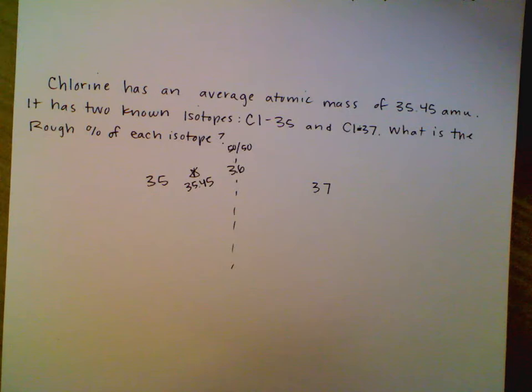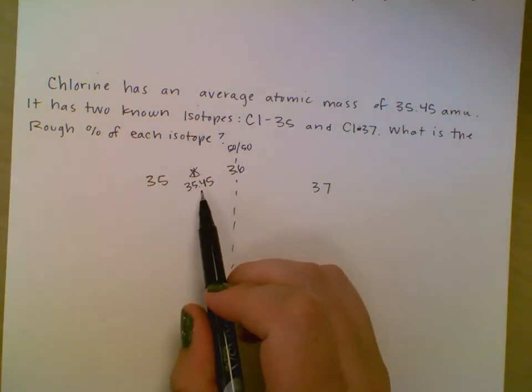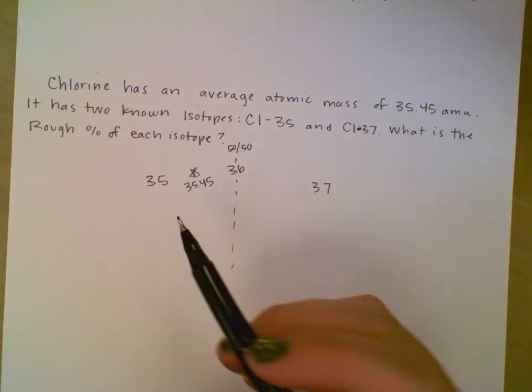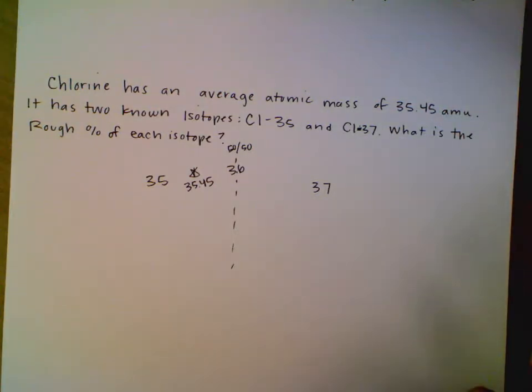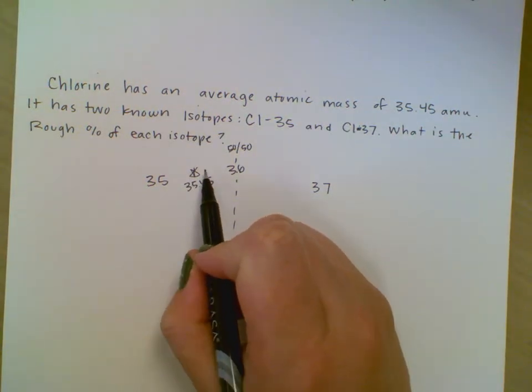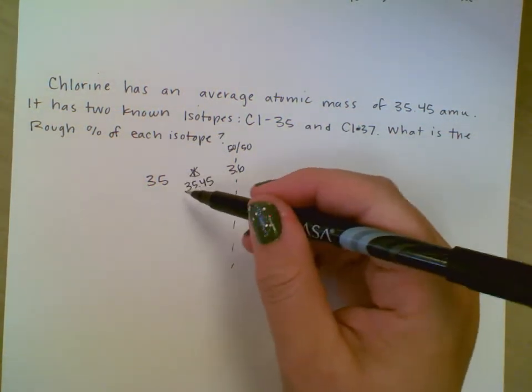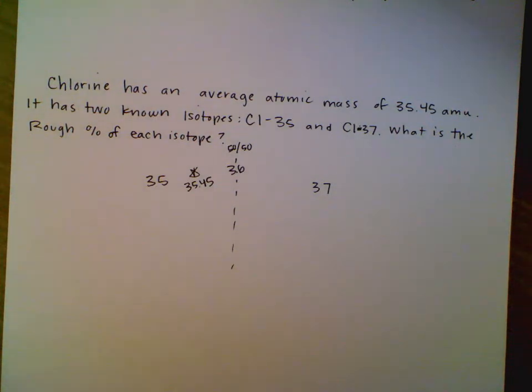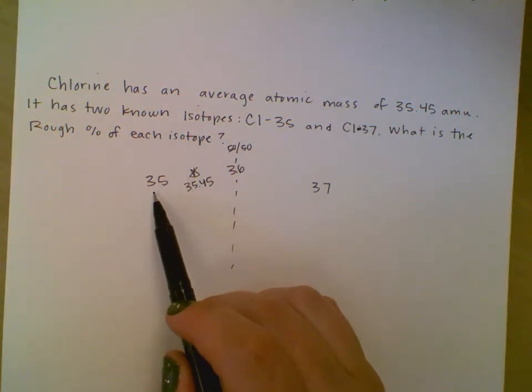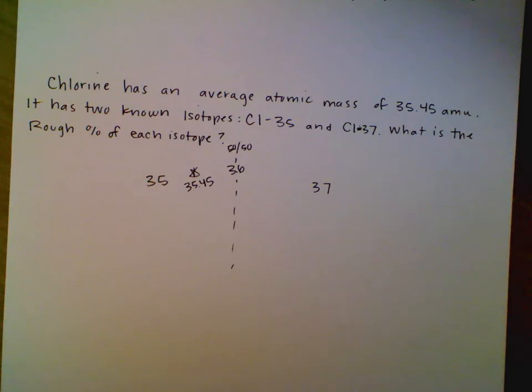So what that means is that our average atomic mass is weighted more heavily towards the more abundant isotope. So in this case, since our average atomic mass is closer to 35, that means that I have more 35 than I do 37, okay?